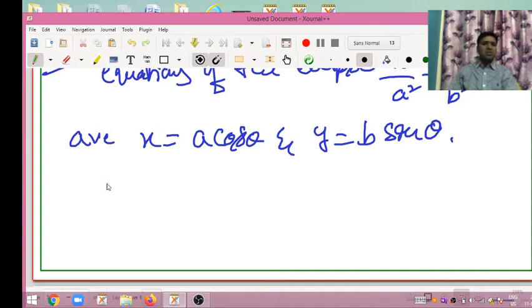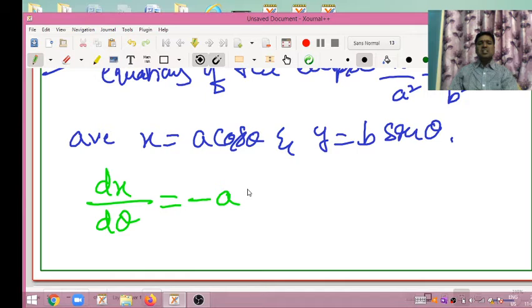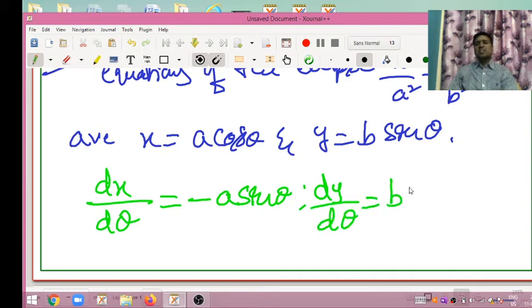So now differentiate with respect to theta on both sides. So dx by d theta is equal to the differentiation of a cos theta, how much, my dear friends? Minus a sin theta. So a is constant, as it is. As well as dy by d theta is equal to how much? Differentiation of b constant, differentiation of sin theta is cos theta, my dear friends.